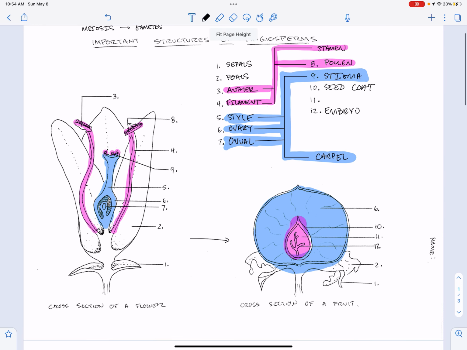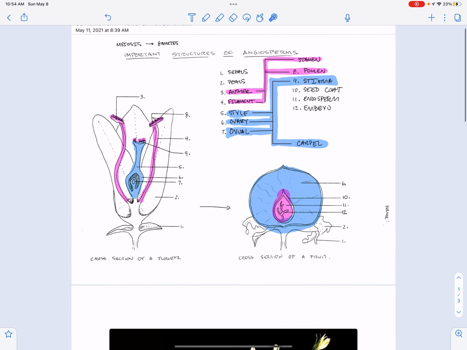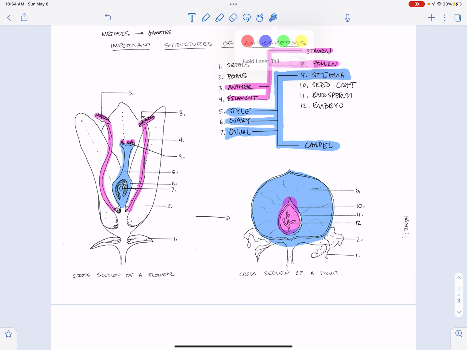Additionally, there's a structure called the endosperm that is often rich in fat and protein, and it is surrounding the seed, and the germinating plant will feed off of this energy of the endosperm before it starts to perform photosynthesis. So often fruits or nuts and seeds are rich high in fat and protein, and that part that you're eating there is the endosperm. It's the food for the baby embryo.